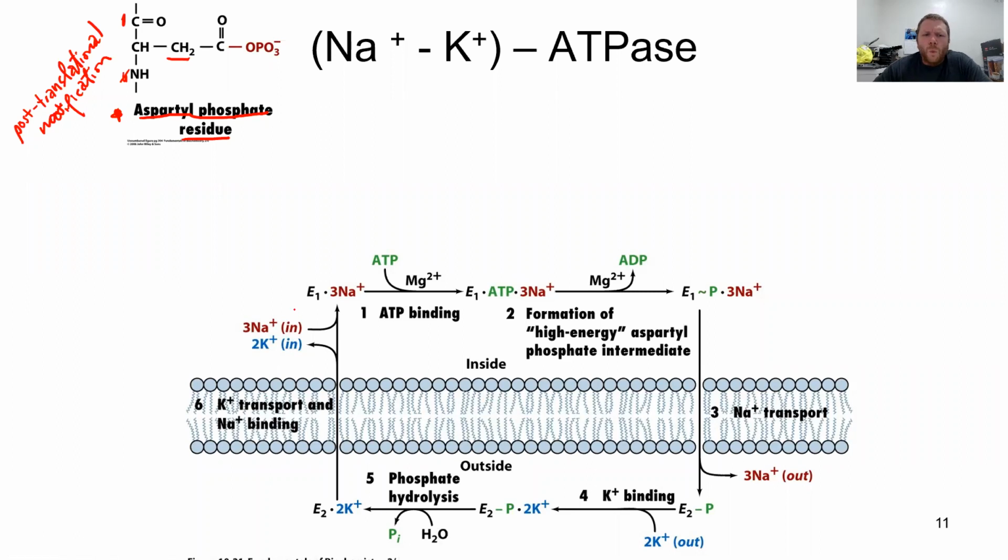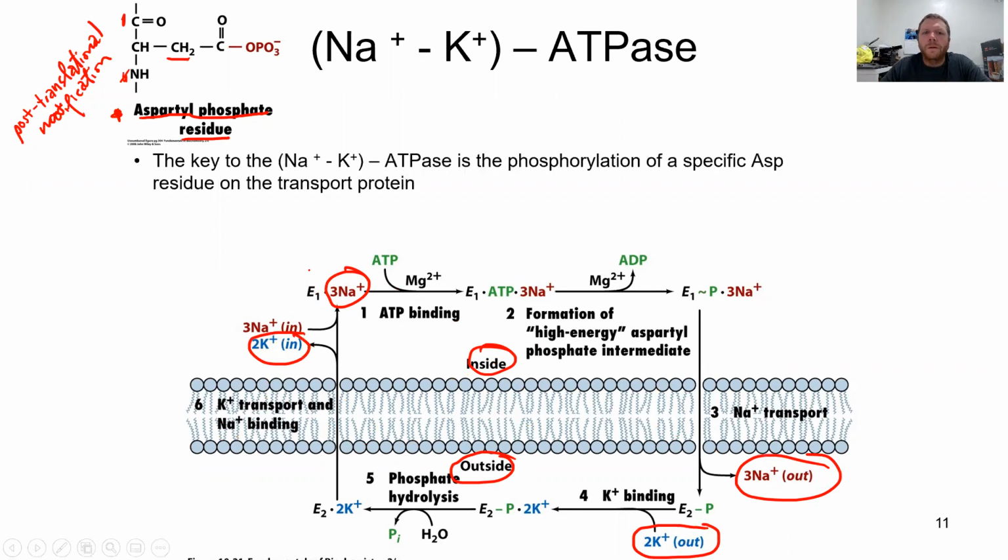Now, what I next want you to do is think about, okay, what are we doing? We have the inside portion of the cell and the outside. What we are doing is we're taking 3 sodium ions and we're putting them out. And then we're taking 2 potassium ions and putting them in, okay?